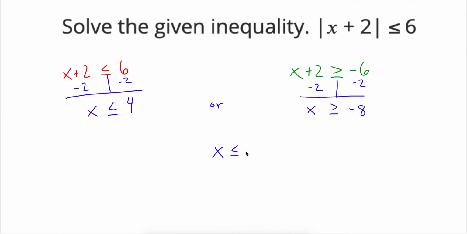Or x is greater than or equal to negative 8. Again, a closed circle, and it's going to go this way. So you figure out where they share space in common. Well, that's all right here. That's our common space, and that's how you would see it on a graph.